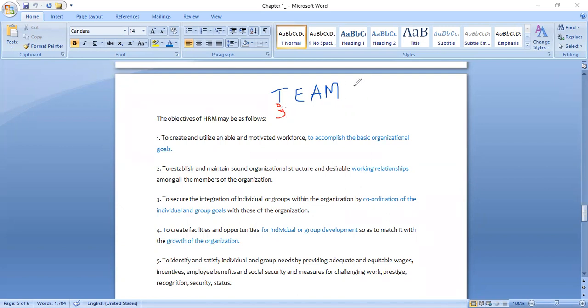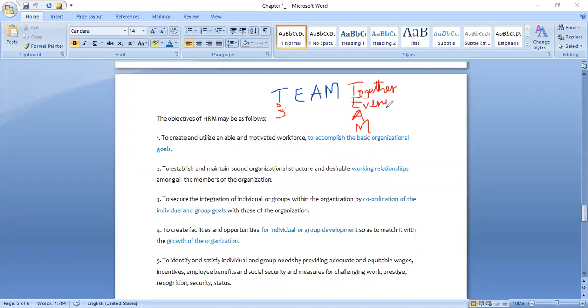With human resource management, like we've seen in the definition, these workers or employees are controlled or managed by these human resource practitioners or personnel, who make them work together such that at the end of the day, the organization goals are attained.